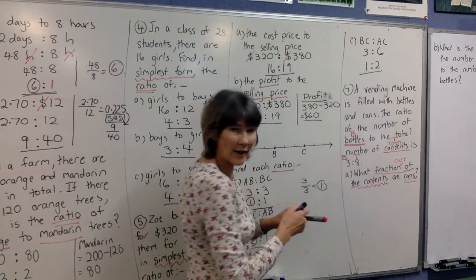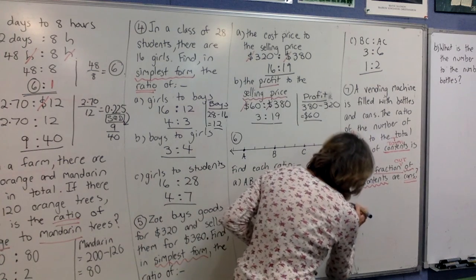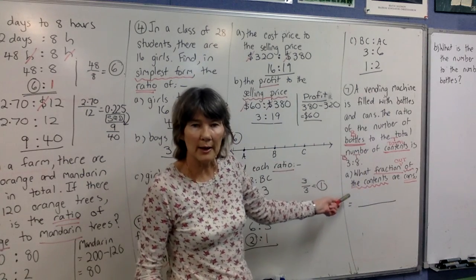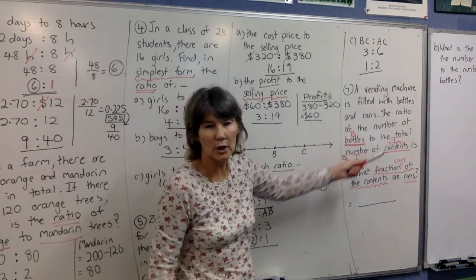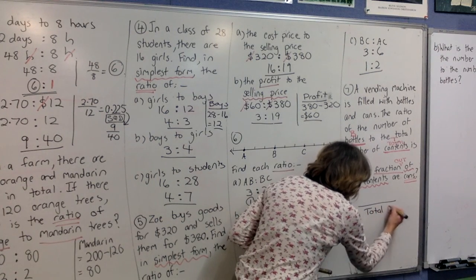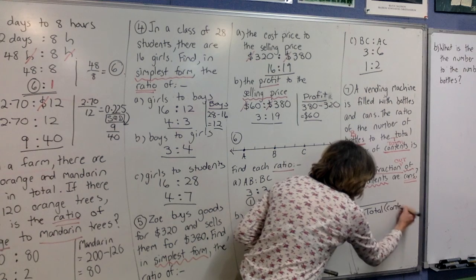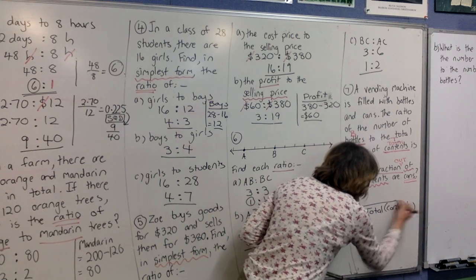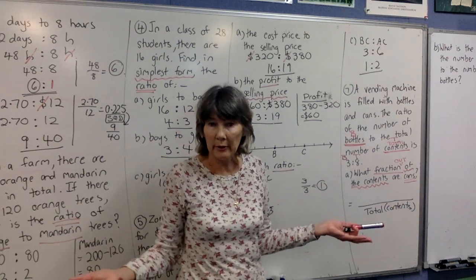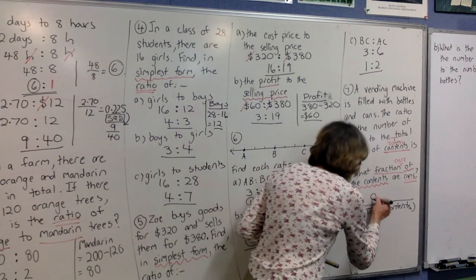So, we're going to write a fraction down, because we want a fraction. Out of the contents. Now, I call the contents total. So, out of the total, I'll write contents next to it so you can see I'm using that word. Now, the other important word was cans. Where's that going to go? It will have to go on the top.